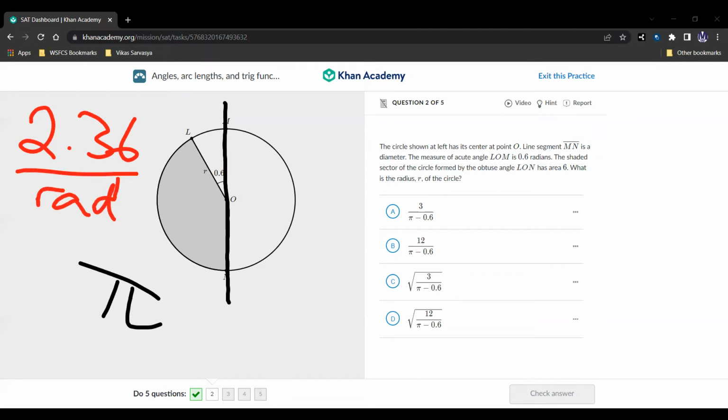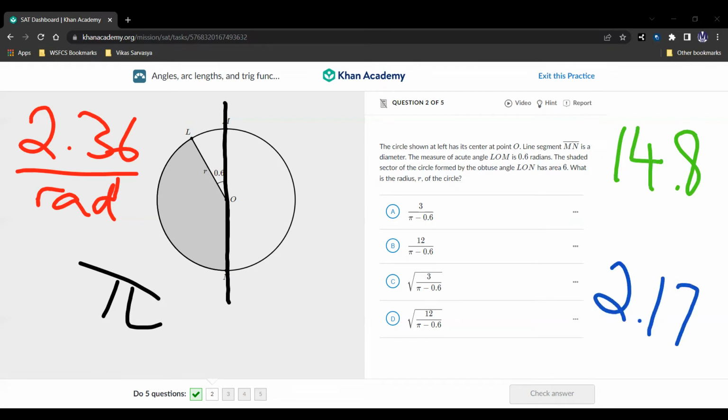There are 2 pi radians in a circle, so the area of the total is going to be 14.8, which is going to be pi r squared. So we divide by pi, we get 4.72, and we take the square root of that, right? And our actual value ends up being 2.17.